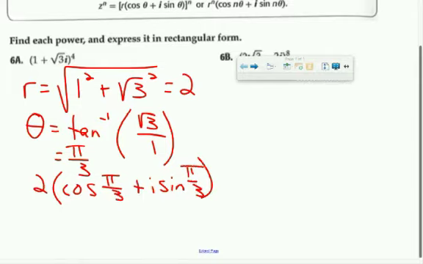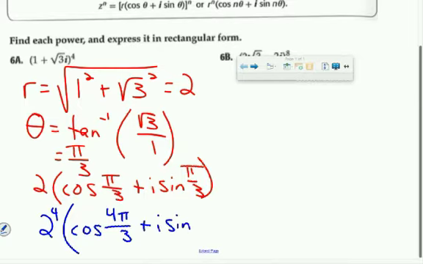So I'm raising it to the 4th power, so I have 2 to the 4th. And then I take my theta and multiply it by that exponent. So now I'm taking the cosine of 4 pi over 3 plus I times the sine of 4 pi over 3. And when I evaluate these cosines and sines and distribute, I will have the answer in rectangular form.